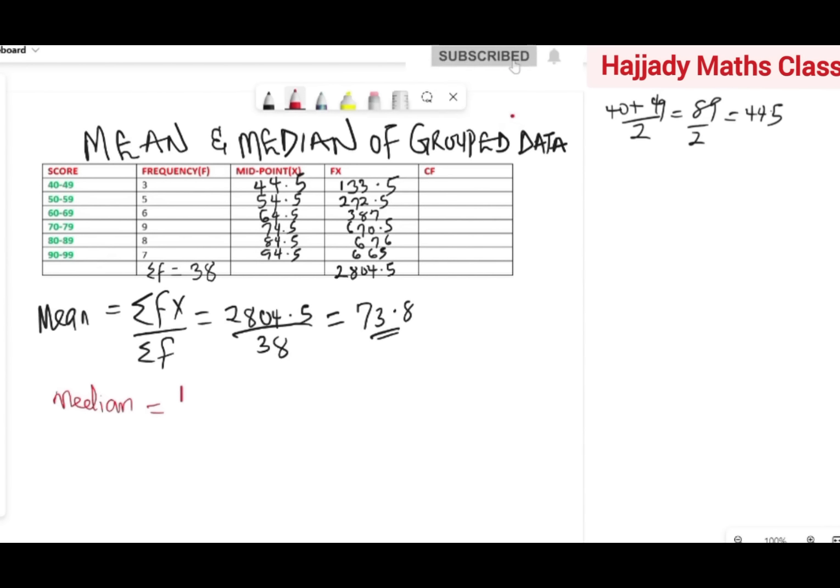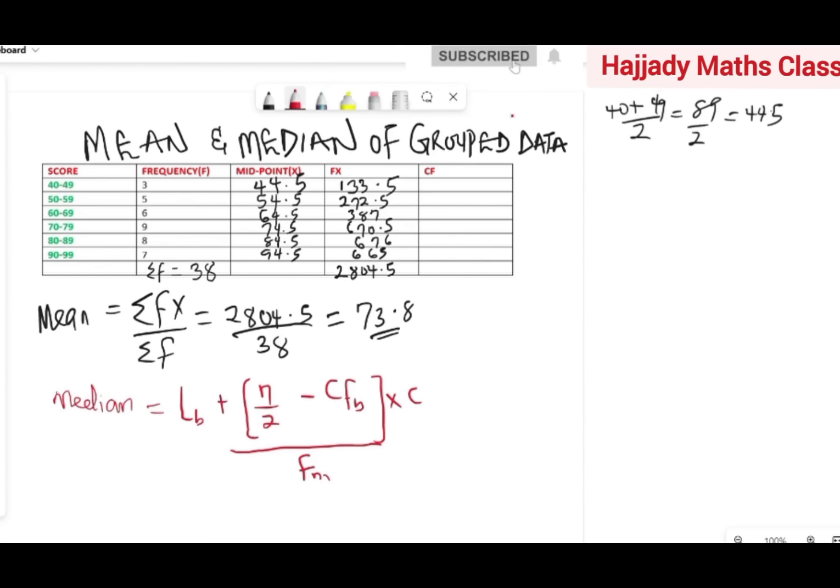So we are using L subscript B plus n over 2 minus the cumulative frequency before the median class, times the class width, all over the frequency of the median class. Now, I'm going to explain the meaning of all this.